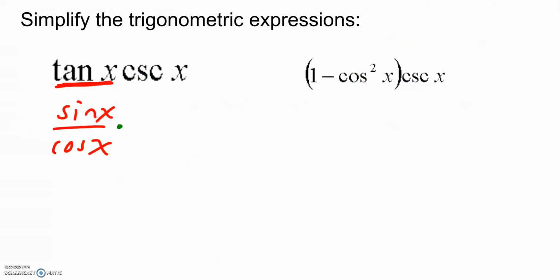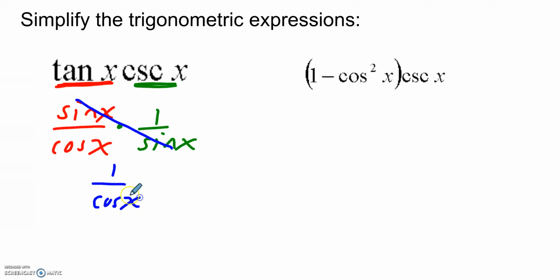The reason I like that is if I replace this with 1 over sine of x, I can see now that I can cross cancel. If I have a sine on the top and a sine on the bottom and I'm multiplying, these cross out. So I'm left with 1 over cosine of x.